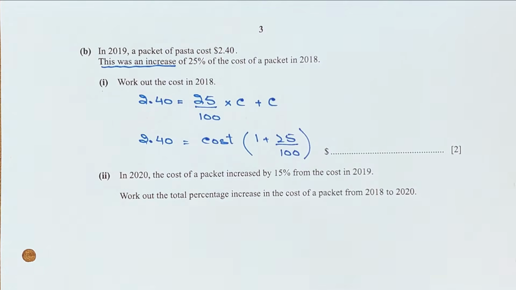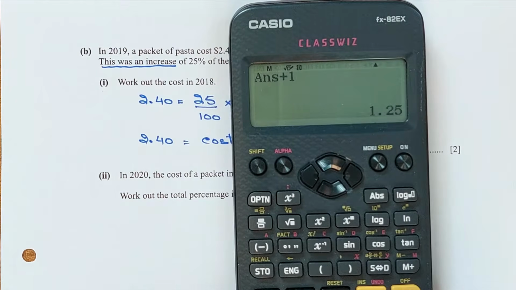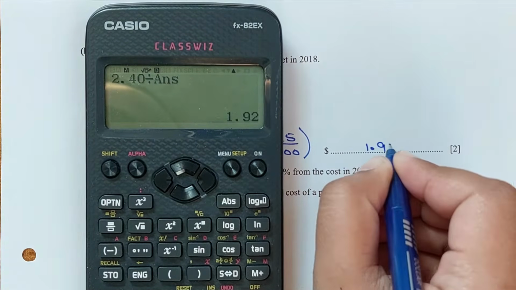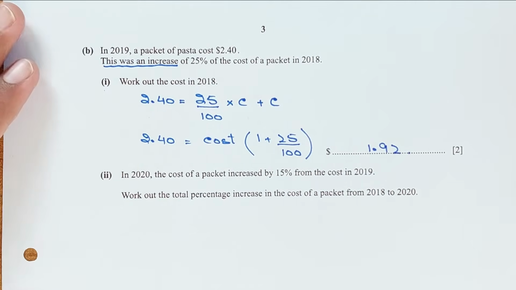Simplifying, 25 divided by 100 plus 1 is 5 by 4, and 2.40 divided by that is 1.92. So $1.92 was the cost of pasta in 2018.